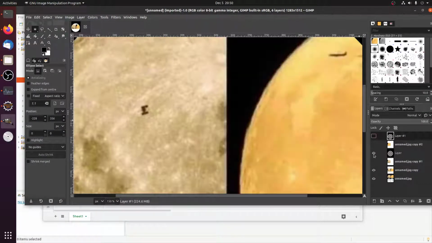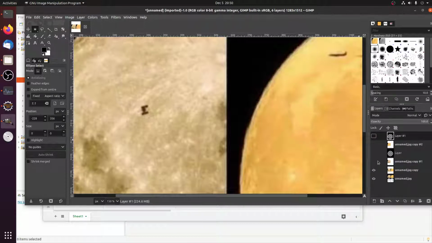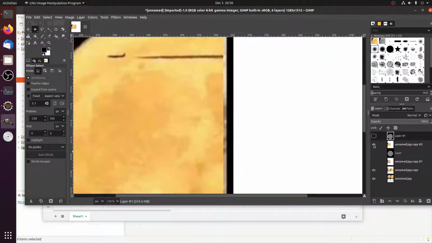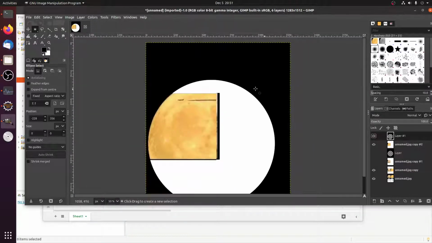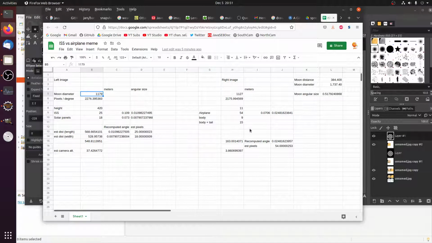Next I copied this image in another layer, moved it to the left, and did something similar to get the measurement of the moon's diameter. Again, these are somewhat estimates, and I came out with 1,127 pixels.